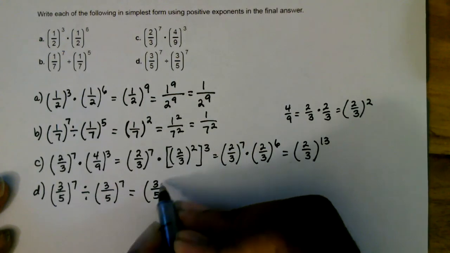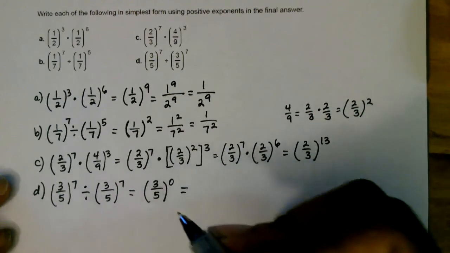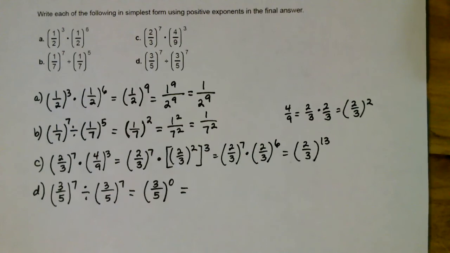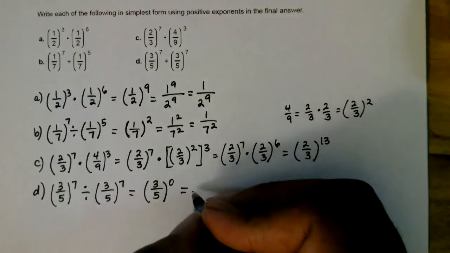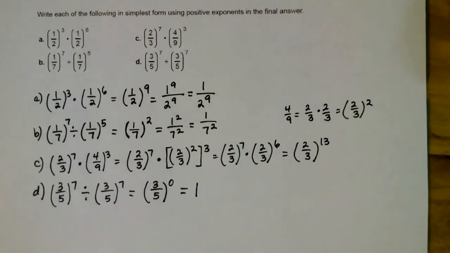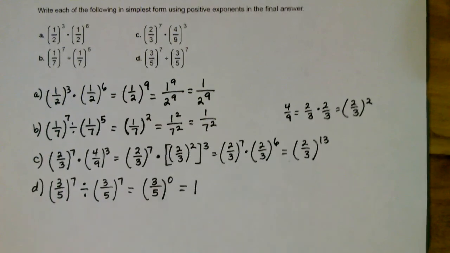I'll bring the base over, 3/5. 7 minus 7 would be 0. But if you recall, any non-zero number to a power of 0 is automatically going to be 1. And if you think about this, 3/5 raised to the 7th divided by itself will give you 1 as the final answer.